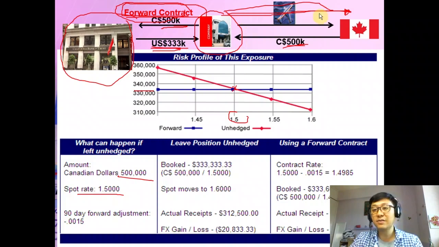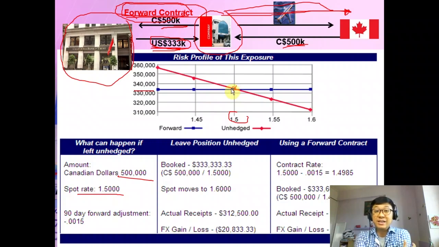So if I deliver the parts, you'll pay me this amount, and I convert it to US dollar, because maybe you use US dollar to pay your employees and do other businesses. So that will be the amount, US dollar 333k, right? Provided you use back this exchange rate.